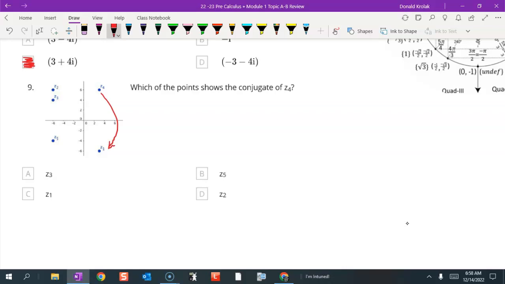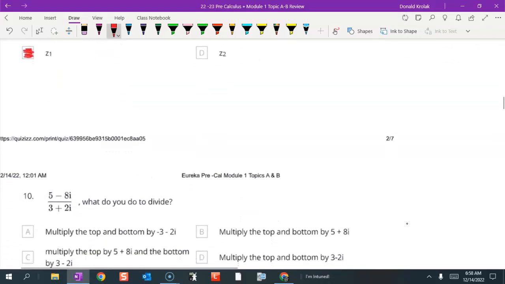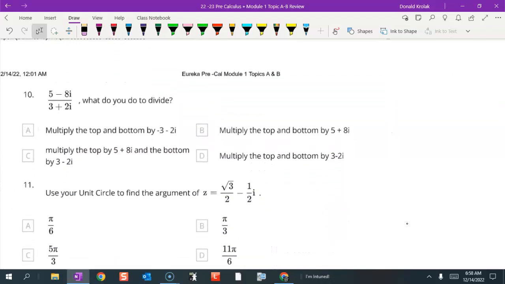So that's going to be z1. Okay, what do you do to divide complex numbers? You multiply by the conjugate of the denominator. So I'm going to multiply the top and the bottom by 3 minus root 2.